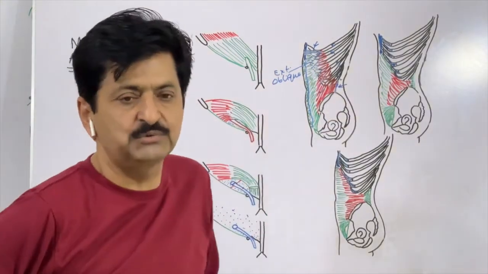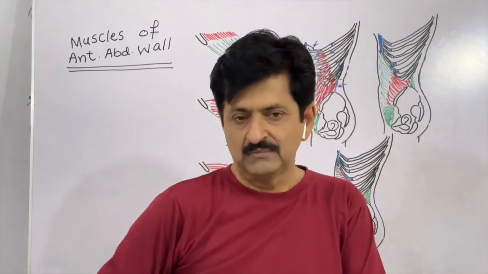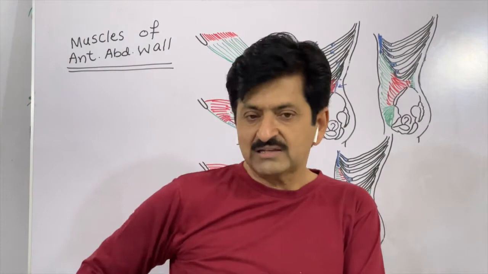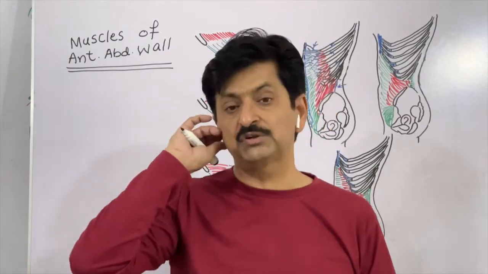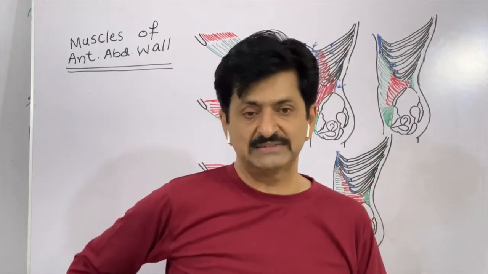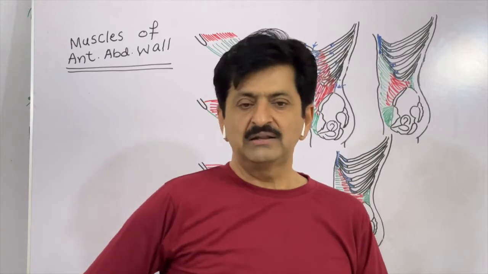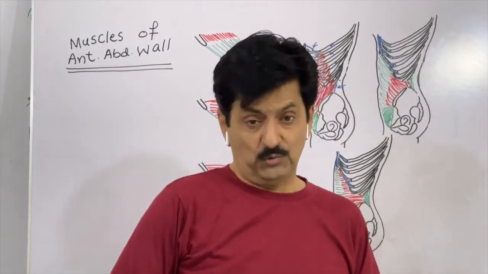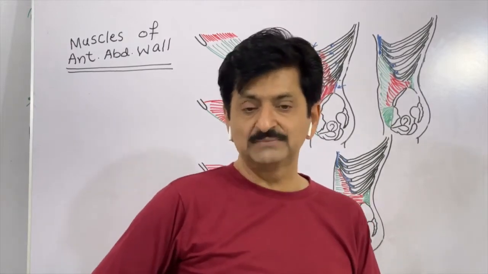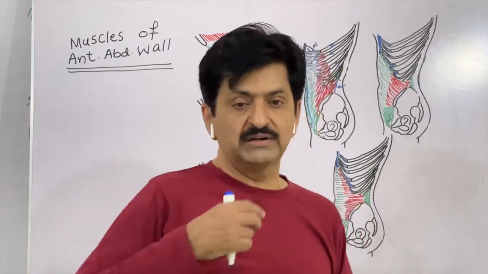With the iliac crest, it catches hold of the outer border of the iliac crest. Not the entire iliac crest, only the anterior 2/3, because the posterior 1/3 of the iliac crest is for the posterior abdominal wall muscles. So it is the outer border of the anterior 2/3 of the iliac crest, and then the outer surfaces of the lower 8 ribs.